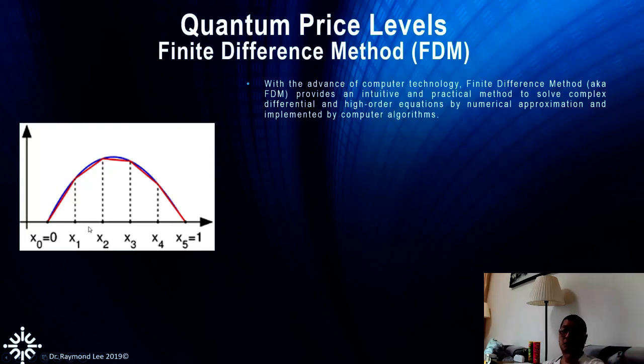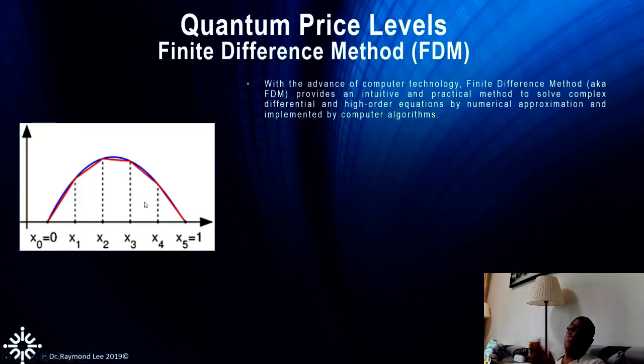It cuts into pieces. Remember that in terms of calculus, the whole theory of differentiation is that you cut into pieces and calculate the slope, right? And for integration, you cut into pieces and add them up.